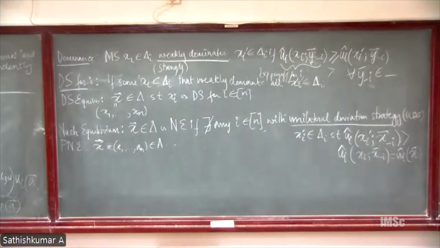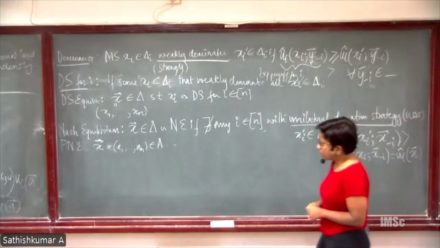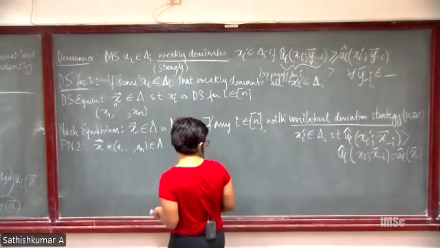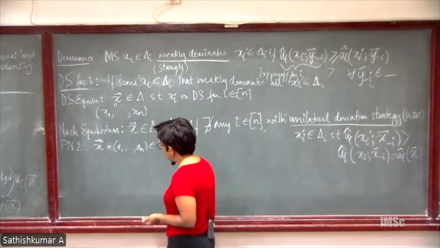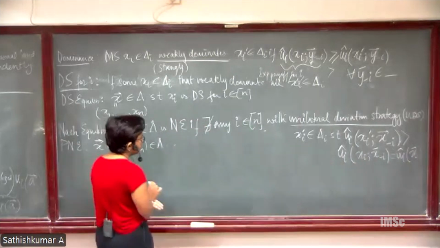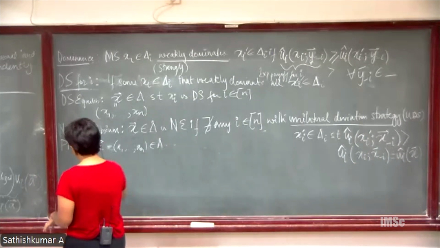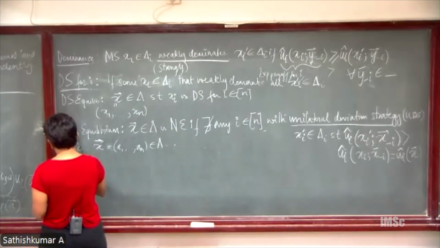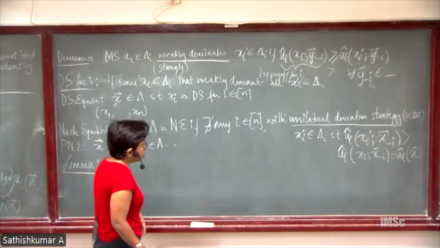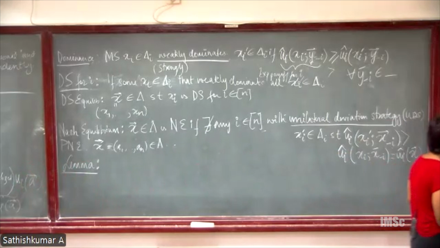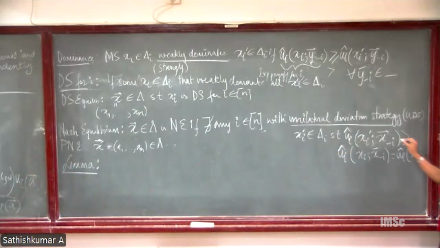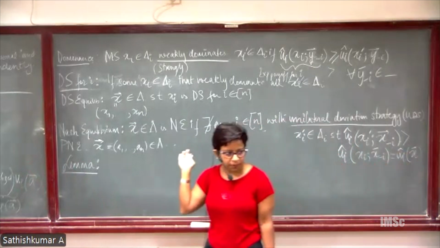But before we get to it, let's talk a little bit more about some properties of the mixed strategy Nash equilibrium, because we will be using it. So the deviation strategy in the definition of Nash equilibria talks about another mixed strategy, right?